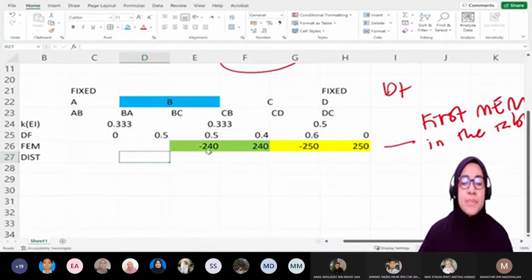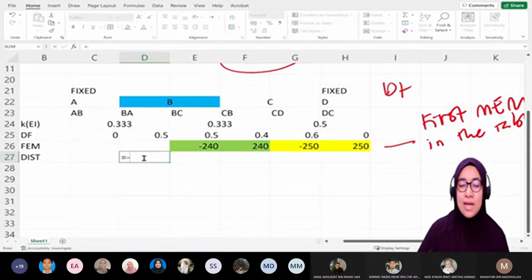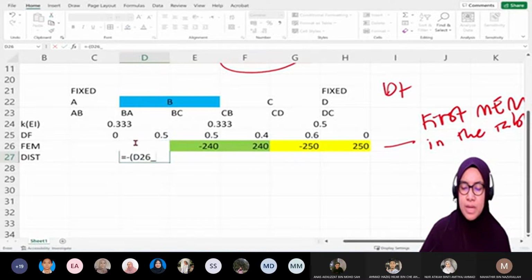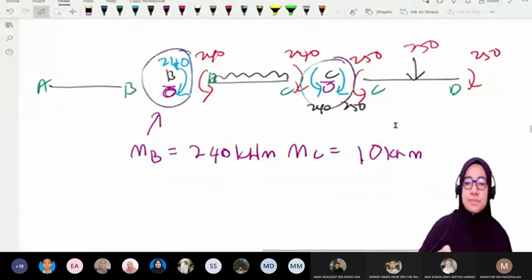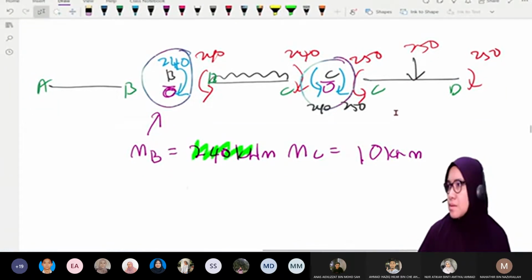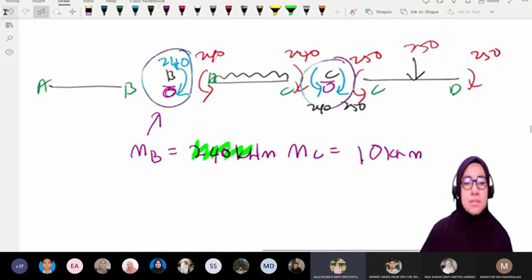Remember that the moment we distribute is the joint moment, not the member end moment. So the value we calculate here, this is the joint moment, right? Is it the same as this one? Same.